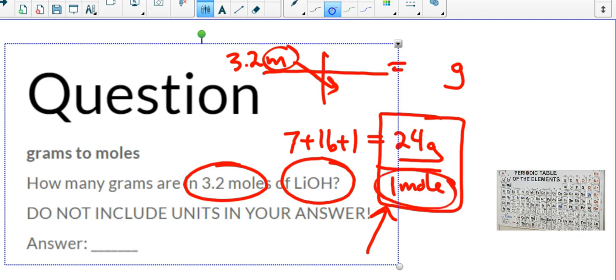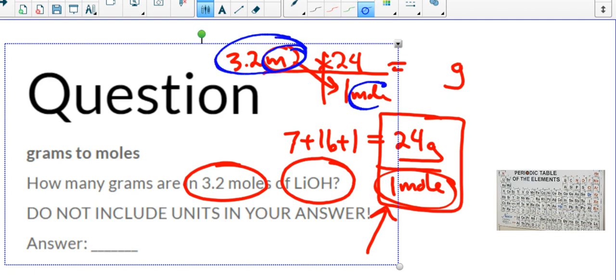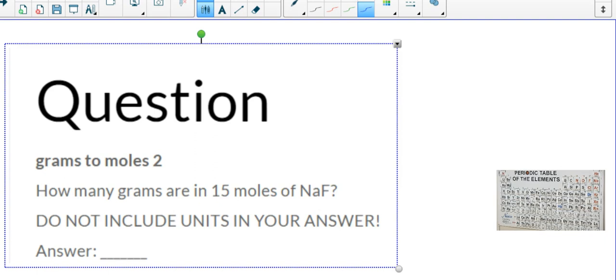So I put the 1 mole on bottom, the 24 on top, and then I would multiply these two numbers across. I don't have my calculator, but you could calculate that just as easily. Please remember, you always put the number and unit that you're given. Then whatever the unit was goes here, and whatever it's tied to would go the other direction.